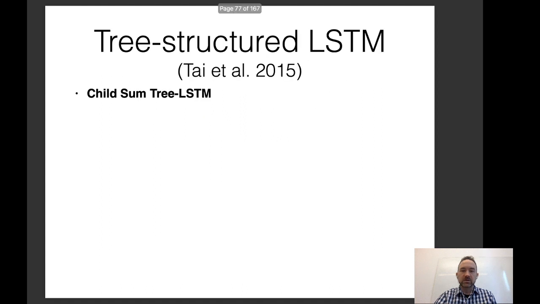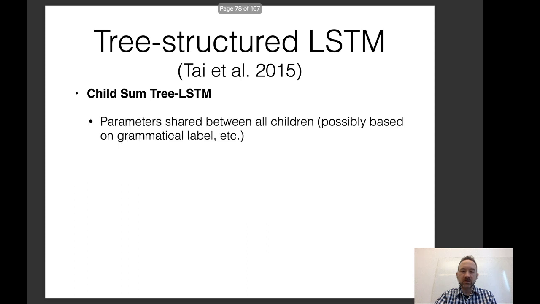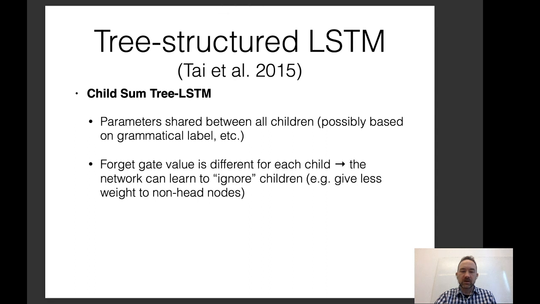This was expanded to long short-term memory networks to help prevent gradient propagation issues. So there's the child-sum tree LSTM, where parameters are shared between all of the children, possibly based on grammatical label, etc. What this does is run an LSTM, but instead of having a single input like the traditional LSTM, it has all of the individual children.